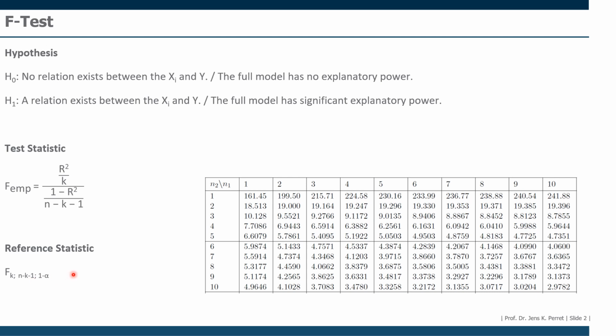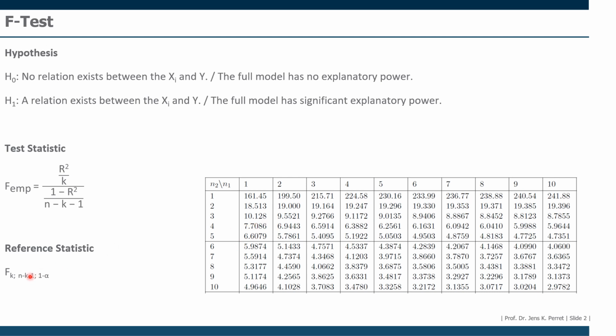But this usually also makes sense because here the values in most cases are limited up to 10. But there's very few columns. If you go down, well, I cut this off at this point, but it usually continues to some thousands downwards, because you might have much more observations, and in this regard much more degrees of freedom in the middle one than you have independent variables or degrees of freedom in the first one.